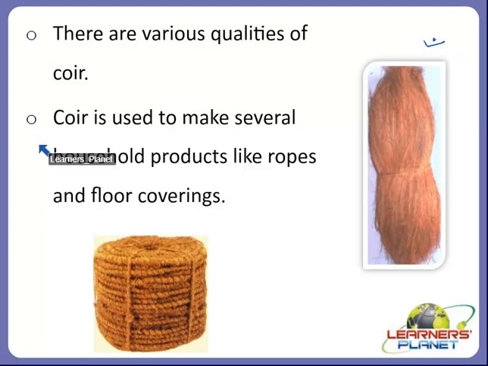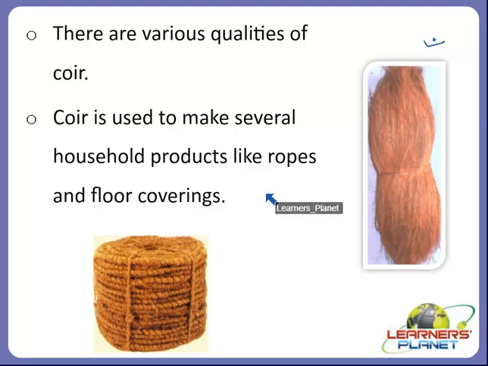Weeds means the plants or the leaves which are undesirable. And it is also used for lining hanging baskets because of its property, which is very strong and light in weight. So basically, it is used for many things like ropes and floor coverings.